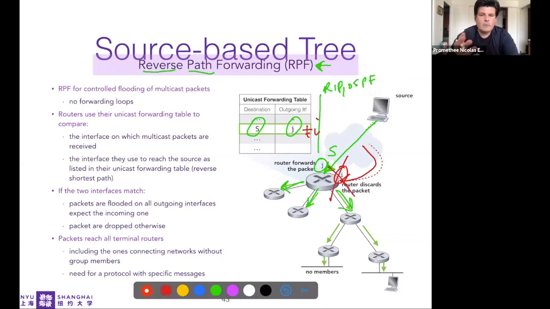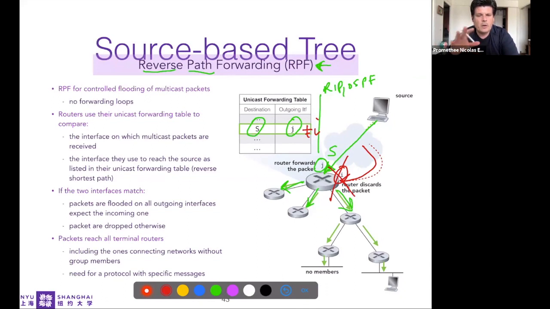And you know, something that may seem like a miracle: if you do this, you will never ever have a loop in your network. So by applying that simple condition here, you solve the problem of loops. That's crazy, right?